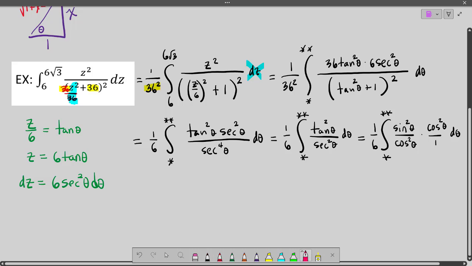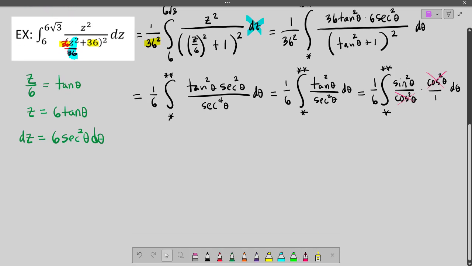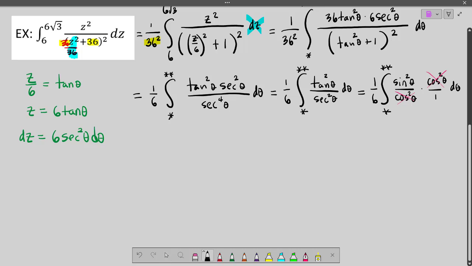And when we do that, we see that, okay, these cosine squares are going to cancel. And that puts us into the integral of sine squared land, which we're getting very familiar with integrating these squares.